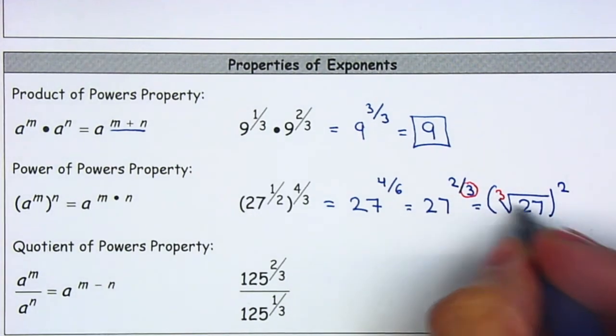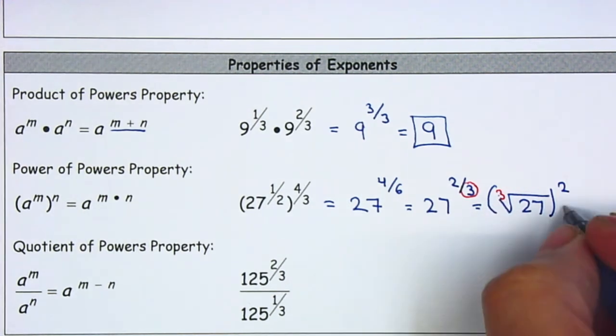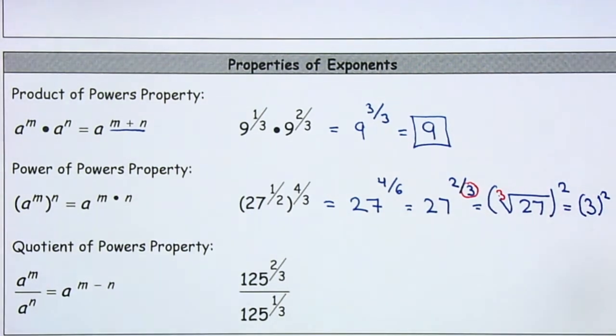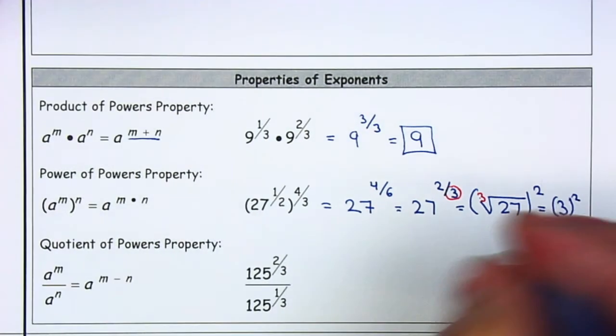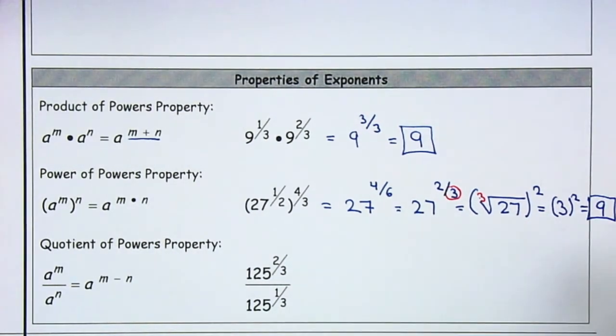Now, the cube root of 27, I'm looking for a number that multiplies by itself 3 times and gives me 27. That'll be 3, and I still have my square, and 3 squared is equal to 9. So my final answer will be 9 as well.